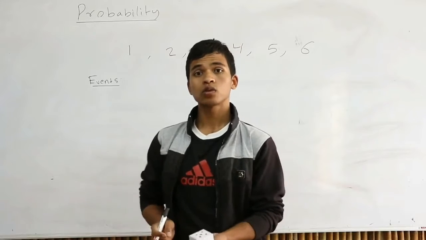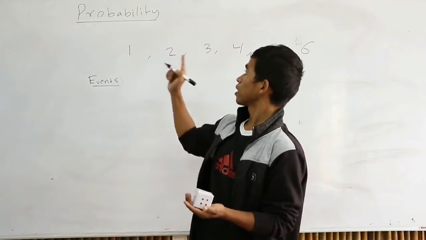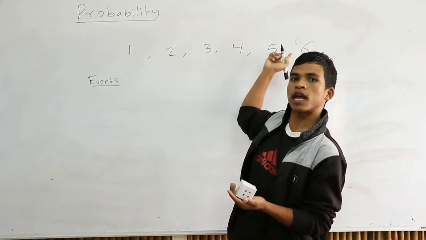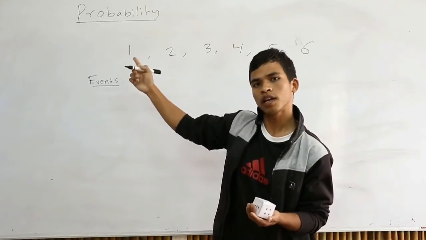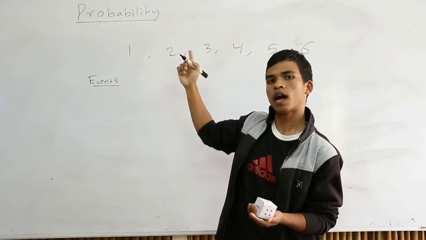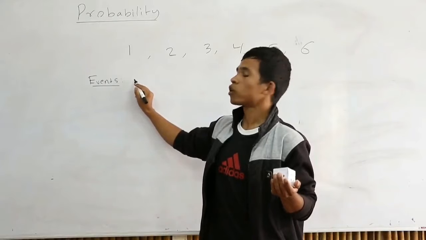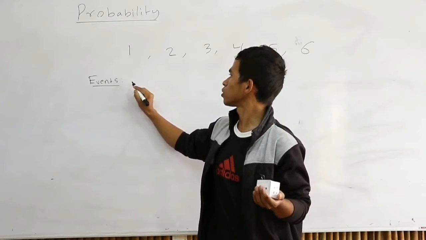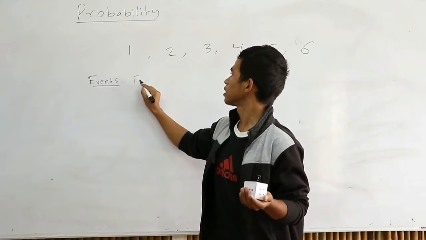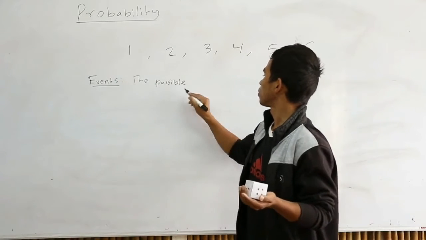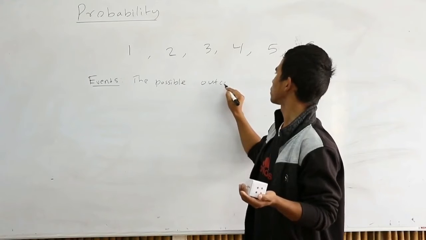So in the case when you toss a die, you can get only 1, 2, 3, 4, 5, 6. So you can have an event where you get the outcome 1 or you get the outcome 2 and so on. So an event is just a possible outcome.